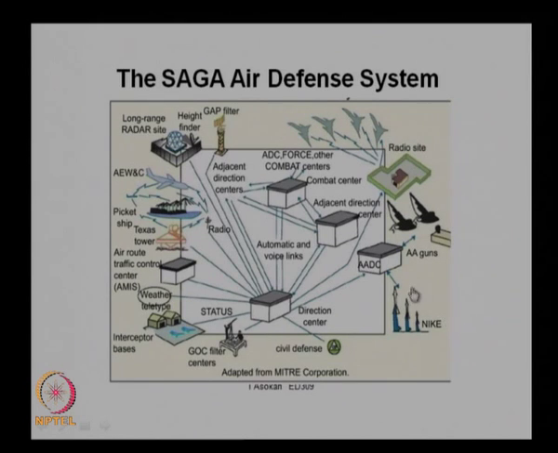There are radar sites which are used to find the locations of the aircraft. Then there are early warning and control systems, which consist of many aircraft and other sensor suites. Then we have the air traffic control center, which controls the movement of air traffic. Then you have interceptor bases where the air defense systems are placed, from where they can take off and carry out the missions.